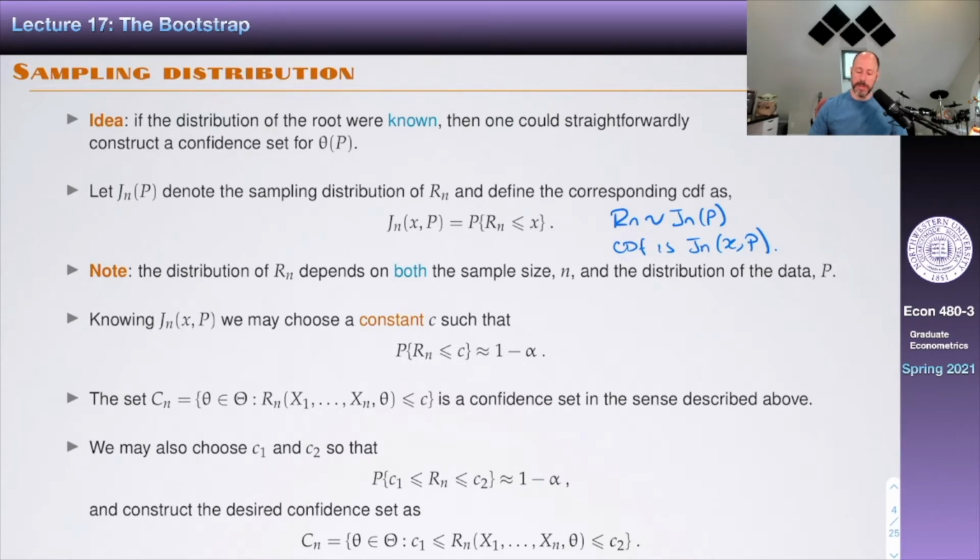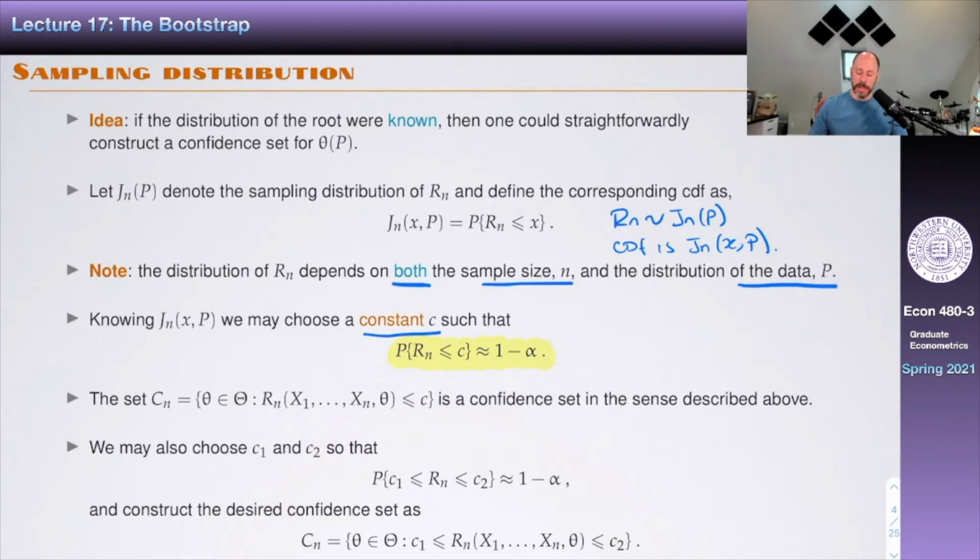So notice, as I wrote here, that the sampling distribution of our root depends both on the sample size and the distribution of the data P. And part of the problem is going to be that we don't know the distribution of the data P. But for now, suppose that we knew this sampling distribution, this CDF, then we may choose a constant c such that the probability that the root is less than or equal to c is roughly 1 minus alpha.